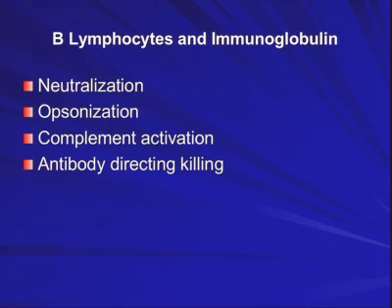And complement is most avidly activated by immunoglobulin M, followed by IgG3, 1, 2, and then IgA. IgE, and IgG4, as well as IgD, do not have complement activity. And then there's a process called antibody-directed killing, where antibodies that are already on phagocytes can actually direct the phagocytosis. So a lot of important functions that help us kill mainly bacteria.